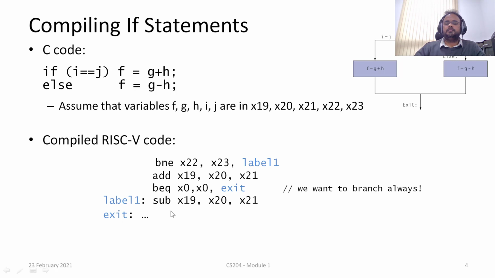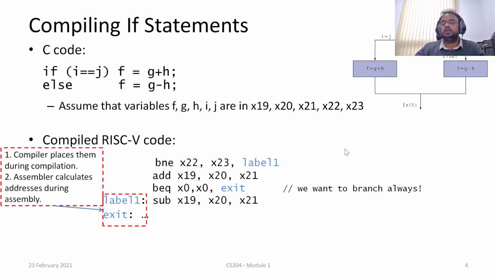This is the common path for both path 1 and path 2. Now, typically the compiler, when analyzing the program, will introduce these labels into the assembly code, and the assembler, when generating the machine code, will replace these labels with the appropriate addresses. Now we are going to see how that's done also.